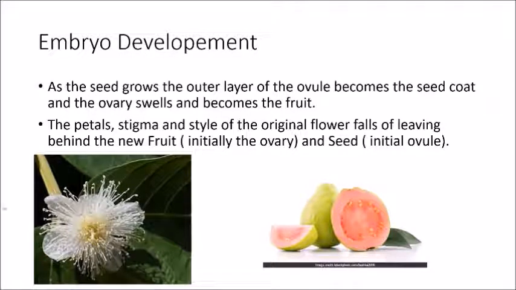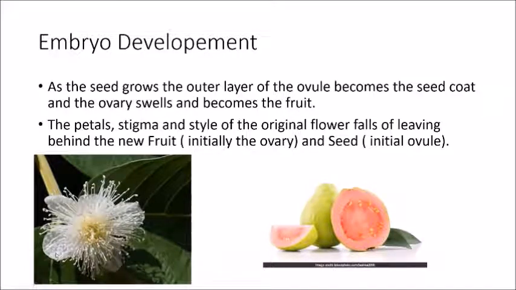Okay, so with this picture here, this is showing a guava flower. This is how this flower would have originally looked, before fertilization would have occurred. Once fertilization occurs and the seeds inside the ovule start to mature and develop, this flower is going to slowly grow into a fruit.